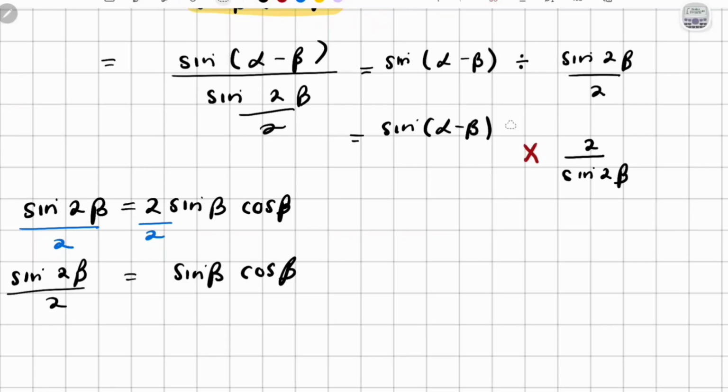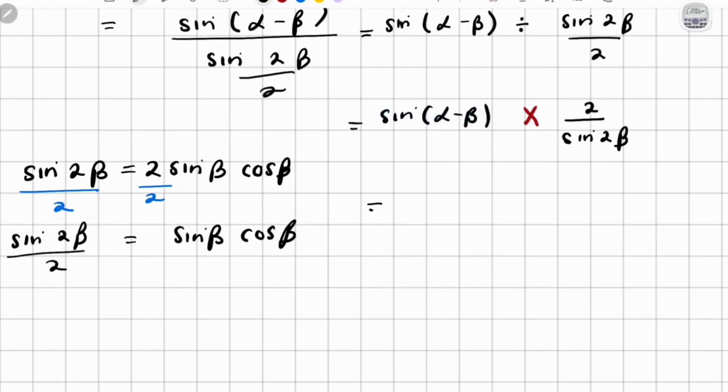Okay, so now that we have this, we can just simplify. Remember this is a fraction, it's really just sitting over 1. So numerator times numerator, this times this gives you 2 sine alpha minus beta, over 1 times sine 2 beta, which is just sine 2 beta.